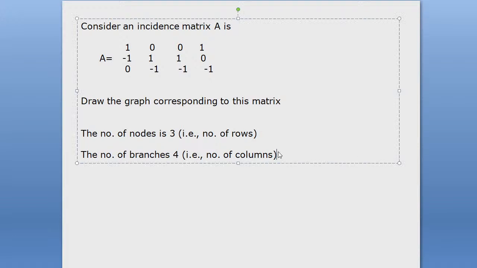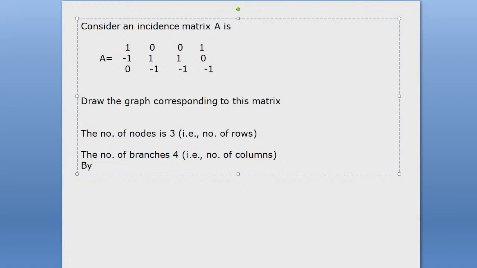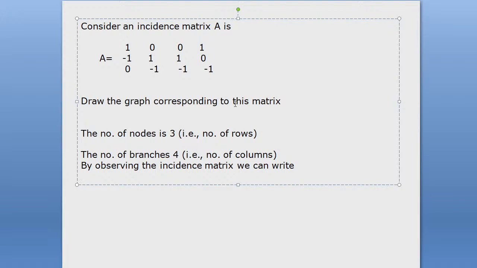By observing the incident matrix, we can write that node 1 is connected to branch 1, and node 1 is connected to branch 4.